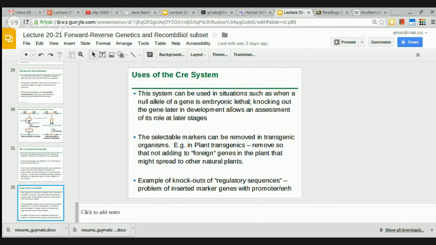We were putting in neomycin resistance, for example, under the control of a eukaryotic promoter and enhancer. So we needed to get rid of it so that it wouldn't replace the function of the sequences we were trying to get rid of. So this Cre recombinase allowed us to cleanly delete regulatory sequences and study their function.